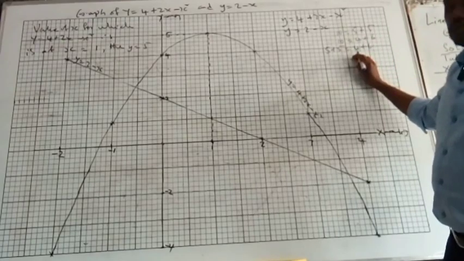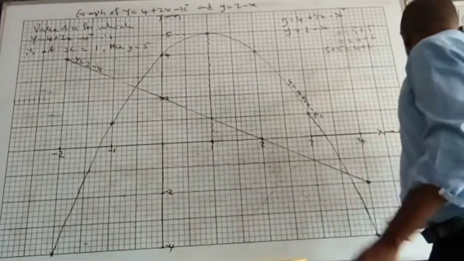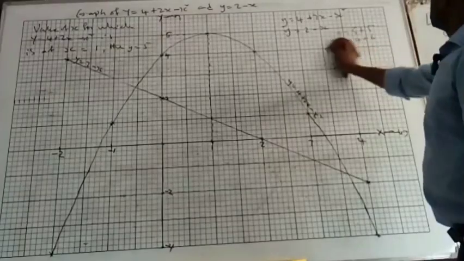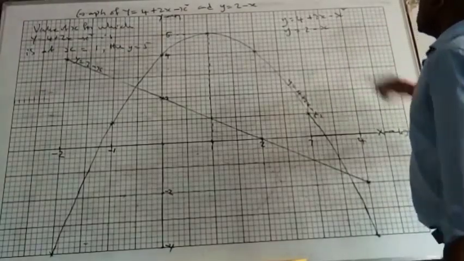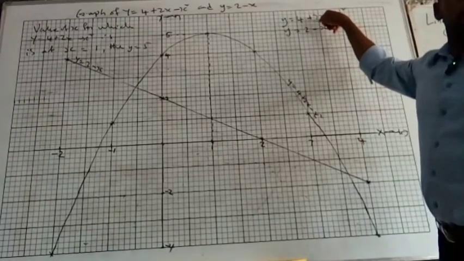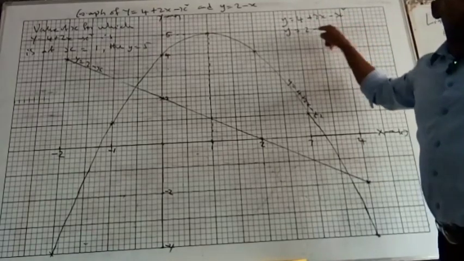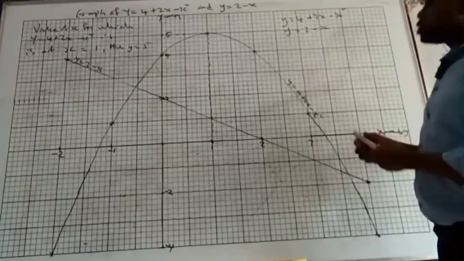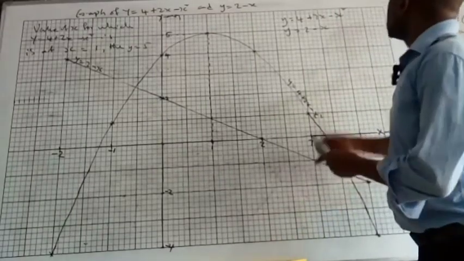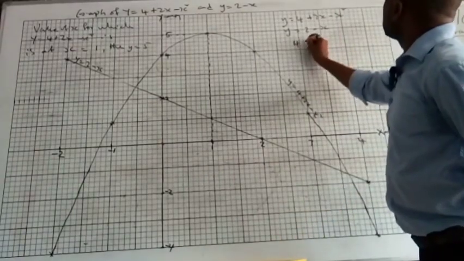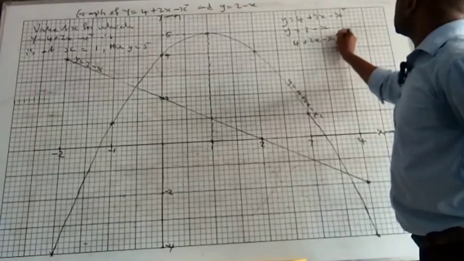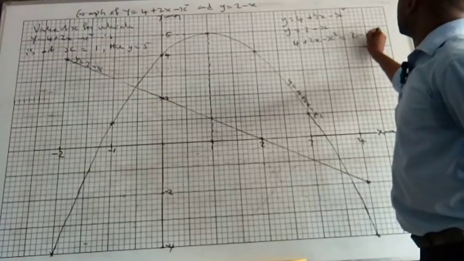No. We accepted that argument. So since y is this and also the same y is also this, it's not wrong if we say that 4 plus 2x minus x squared is equal to 2 minus x.